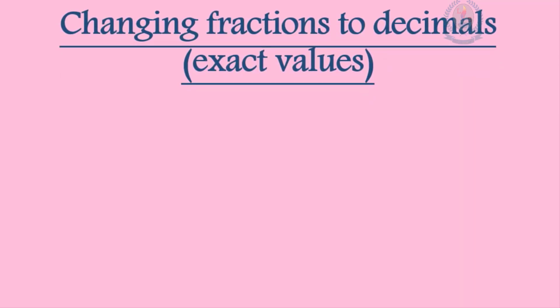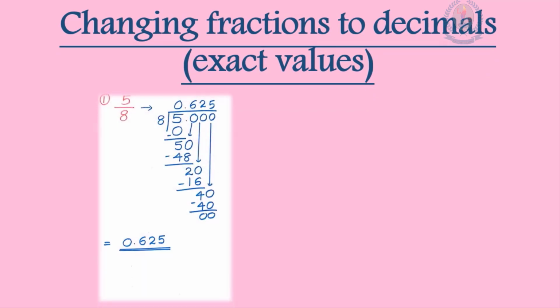Okay, last subtopic for this first part, changing fractions to decimals, that means exact value, right? Here we are going to convert fractions to decimals. You have to remember that if you have to convert a fraction to a decimal, you have to divide the numerator by the denominator. That is a common method, right?